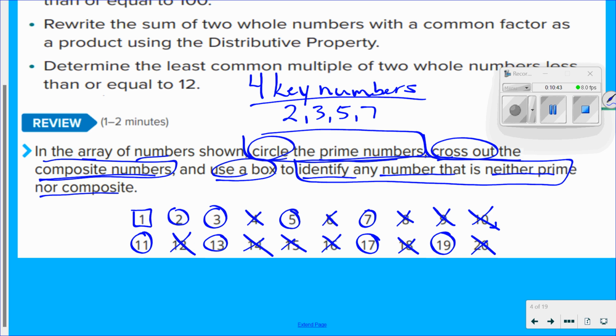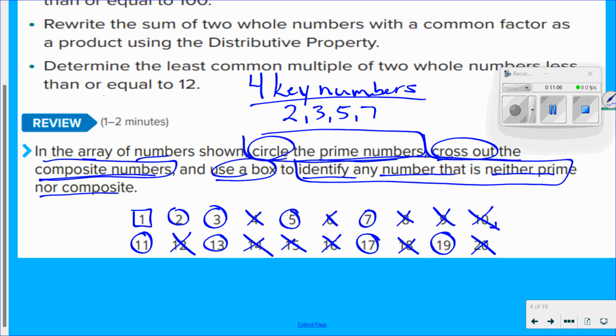The really quick trick for 3 is add the digits. That tells you it's divisible by 3. You should know 2's. If it's an even number, I can divide it by 2. You should know 5's. If it ends in a 5 or a 0, you know you can divide it by 5. So it's very easy to check all 4 of those numbers. And if you do so, it's going to tell you whether you have a prime or a composite number.